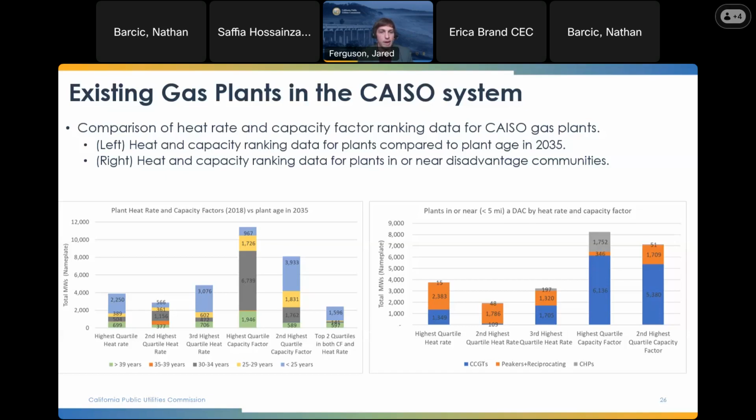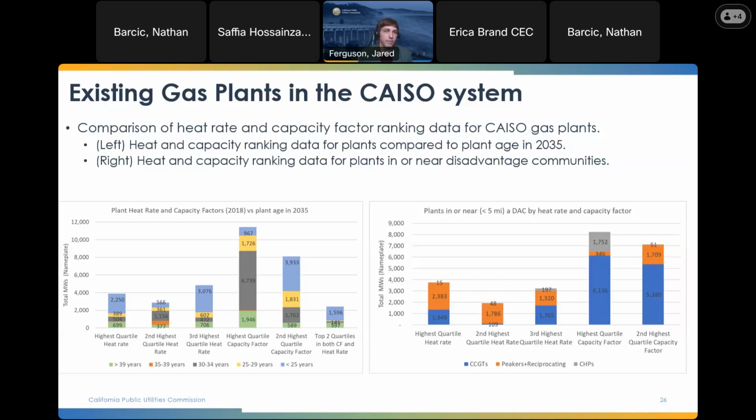On the right side, the fourth column in this chart from left to right is those plants in the highest capacity factor, the amount of megawatts in age. You have the second highest quartile of capacity factor ranking, and then the last is a combination of if it's in the top 2 quartiles, so if it's in either the first column or the second column, as well as being in the 4th or 5th column.